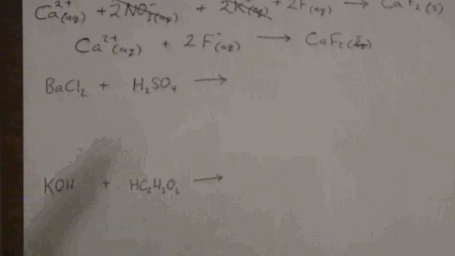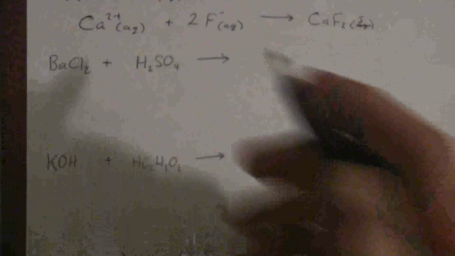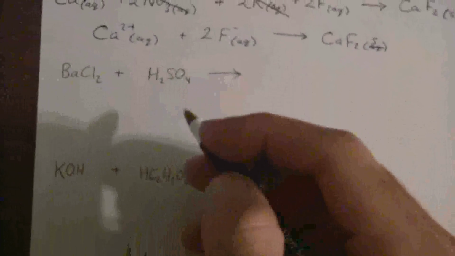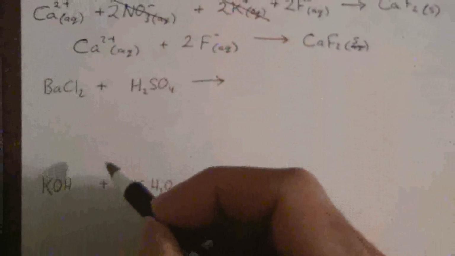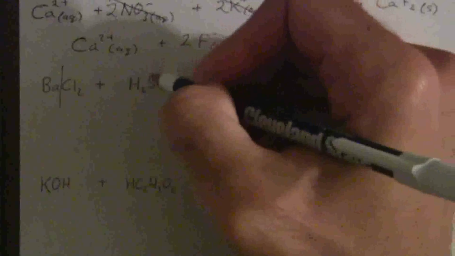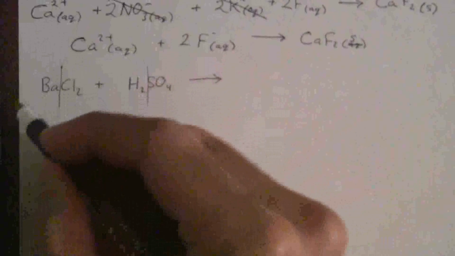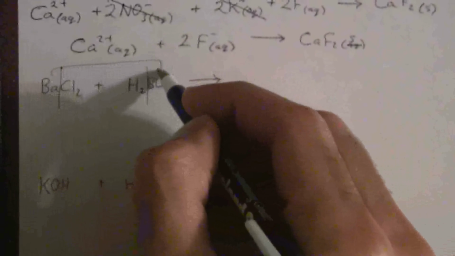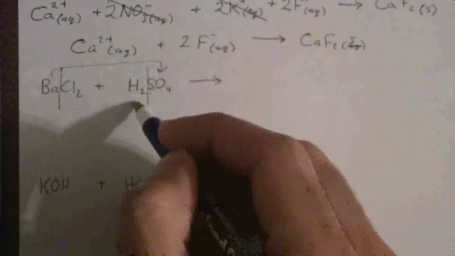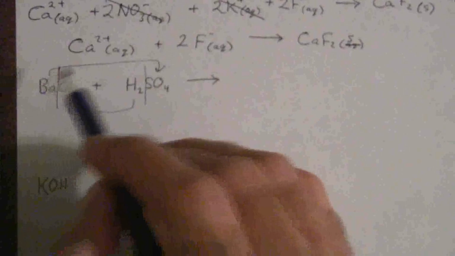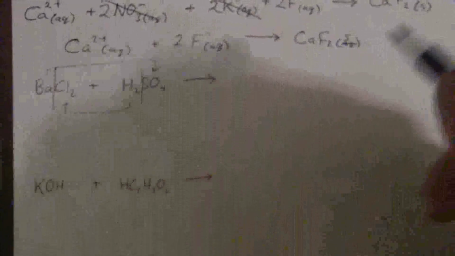All right, so let's move on and do some of these others here. I'm going to do the same process. I'll go through these ones a little bit quicker. We split them apart, cations and anions, and then the cation will join up with the anion from the other compound. They kind of switch pairs. We call that a double displacement.